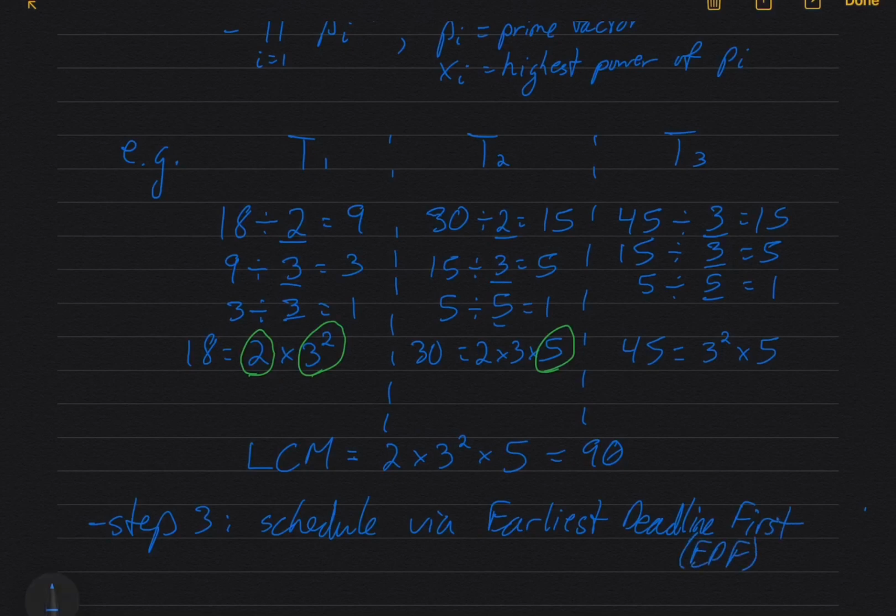So we're going to use the non-preemptive version of EDF, so that means that if you're in the middle of executing one task and another one becomes ready to run, you're not going to switch to the other one, you'll finish the one that's currently running. We'll talk about preemptive EDF later.